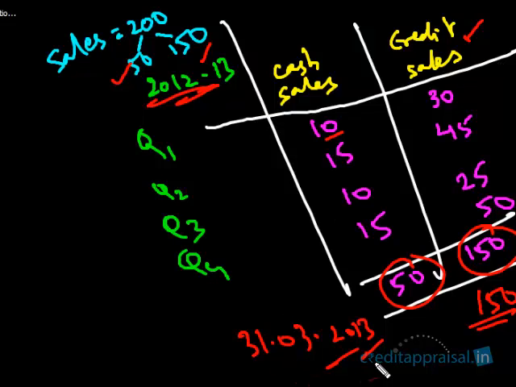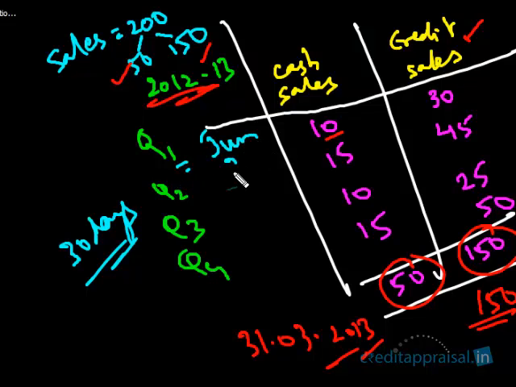As on 31/3/2013, the company could have received some of the sales. Say for example, the credit period we're speaking of in this example is 30 days, right? So see, the first quarter has ended in June 2012. So the sales which the company has made during the quarter, it will be receiving at the most by the end of July 2012, isn't it?